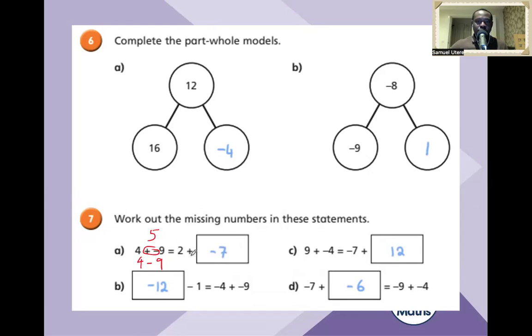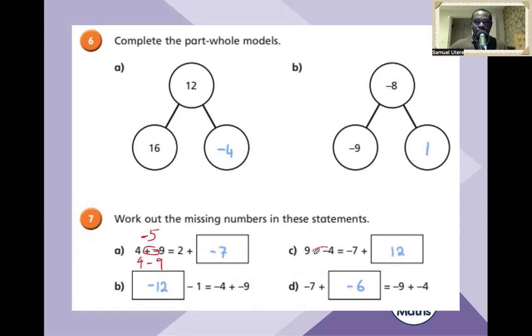So that would be 2 add negative 7. So imagine if you're on 2, for you to get to 5, sorry, it's negative 5. I made a mistake. So 4 subtract 9 is negative 5. So if you're on position 2 on your number line, for you to get to negative 5, you're going to have to do 7 steps to the left. And that's why we have negative 7.